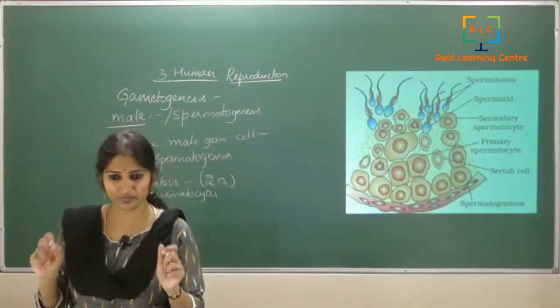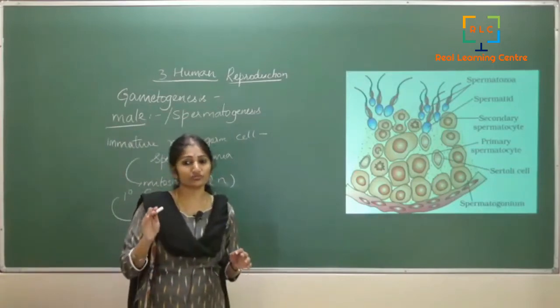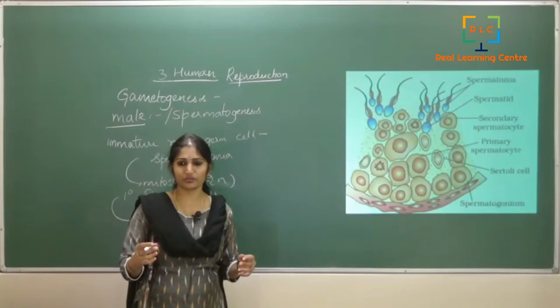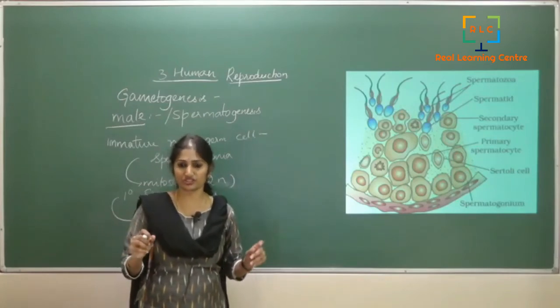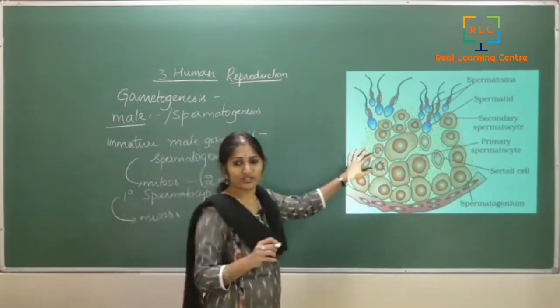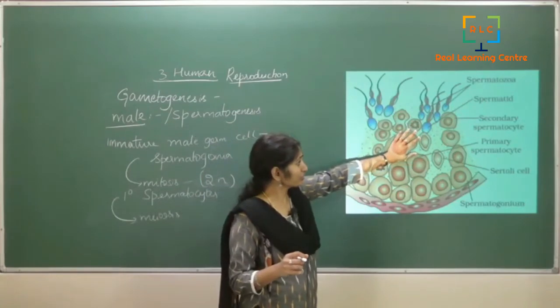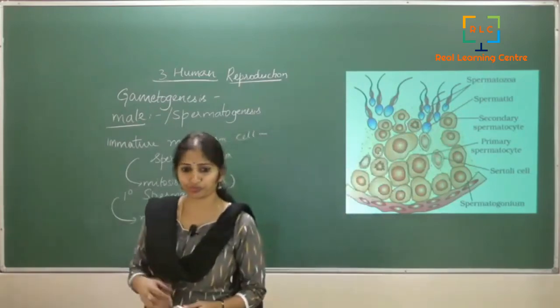Now a primary spermatocyte would undergo the first meiotic division. Okay, so you know how it happens. It is like a haploid reductional division, right? So you see that there are two spermatocytes that are formed. We call them the secondary spermatocytes, right?